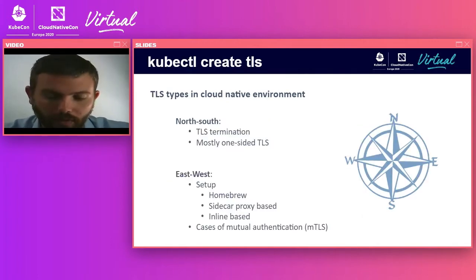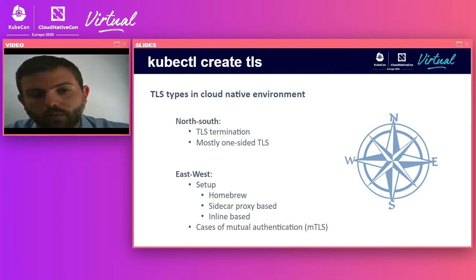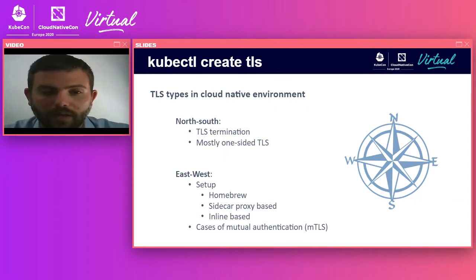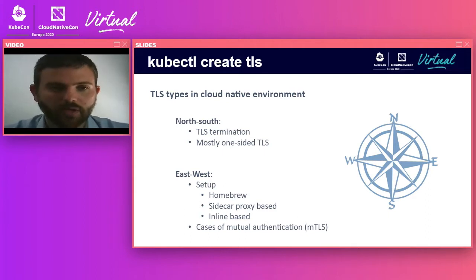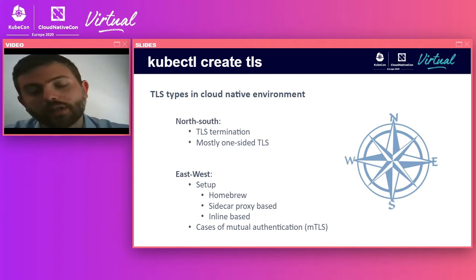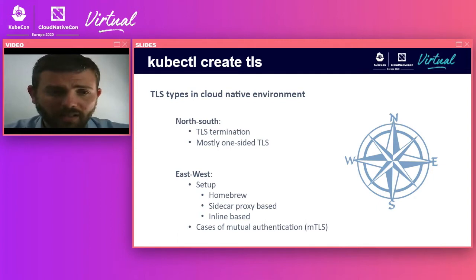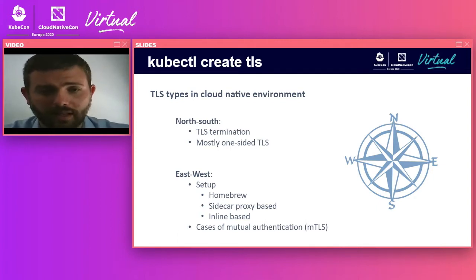I also wanted, before going into the benchmarking, to talk about the types of TLS and the use cases. So we have the north-south traffic use case, which is mostly the endpoint talking to our backend side, usually today talking in the cloud to application load balancers of some type, or an ingress controller. And there is usually TLS termination at this stage.